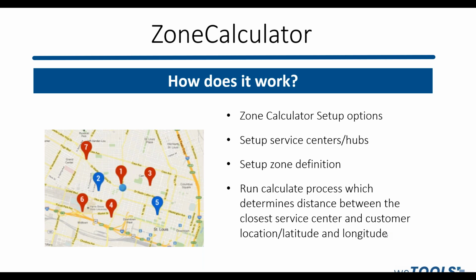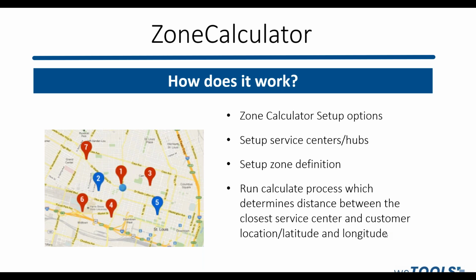Think of customers who have, let's say, a wind turbine out in the middle of land, and it doesn't really have a street address to go by, but it would have a latitude and longitude that you can enter in. If you have those updated on your customer locations, it'll use those first. If you don't have them, then it'll go into the physical customer address that you have on there.